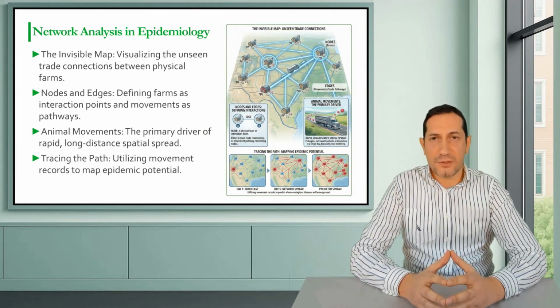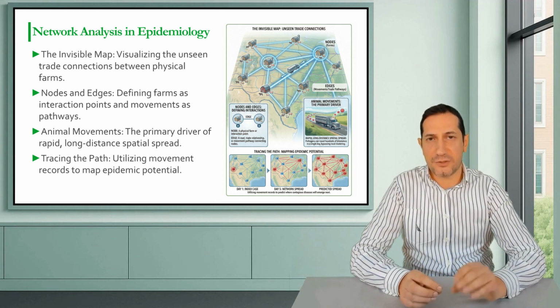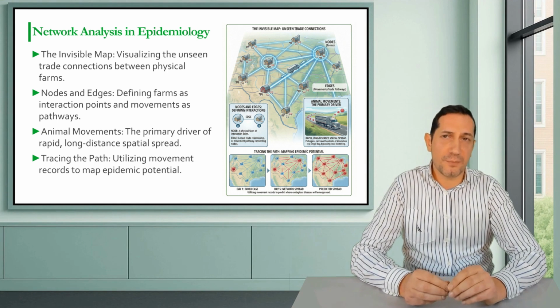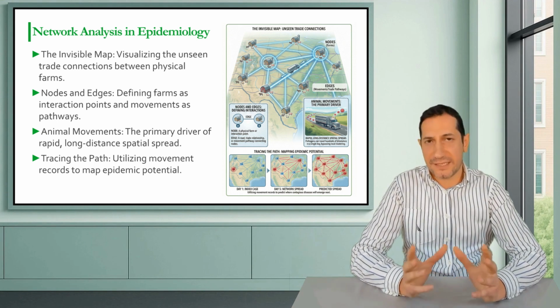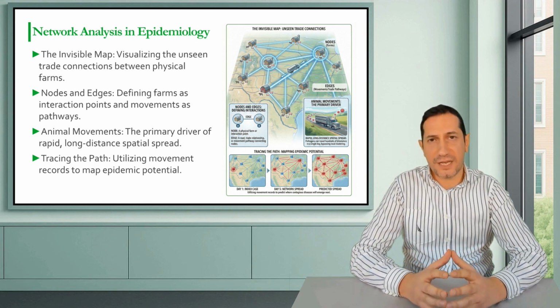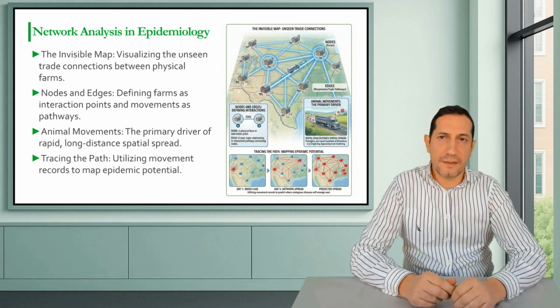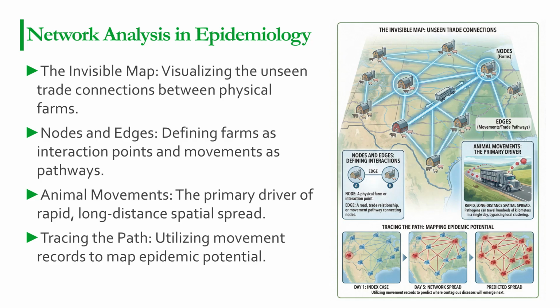Up to this point, we have treated locations as fixed coordinates shaped by local environment. But farms are not isolated. They are connected through trade and animal movement. Network analysis helps us map these connections. In this framework, each farm is a node, and each movement or trade link between farms is an edge.